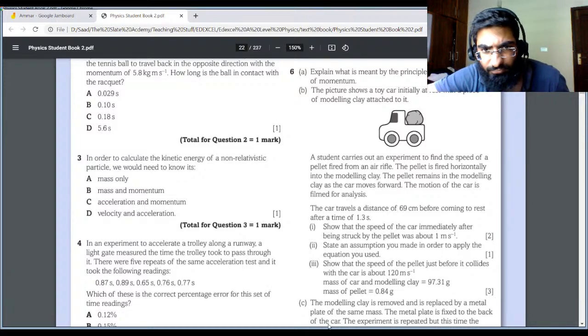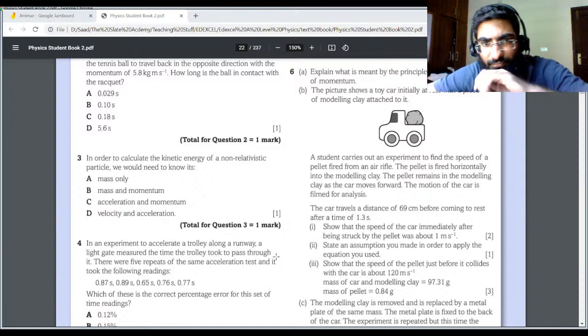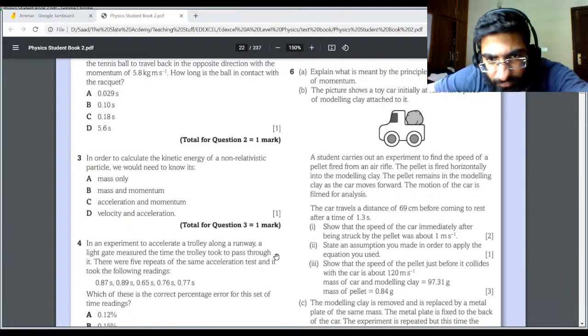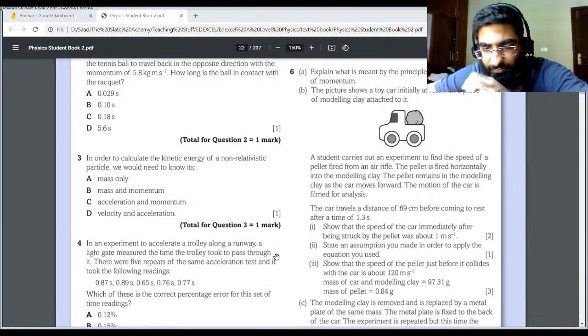The distance is 69, and then the time is 1.3, right? So then we have distance and time.